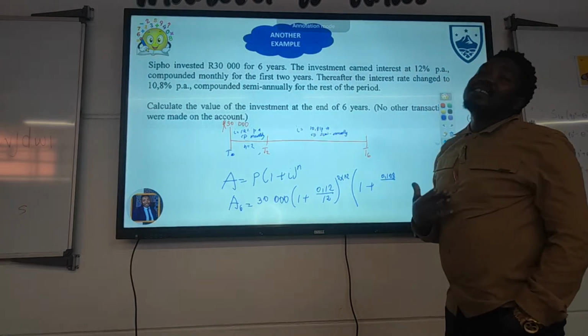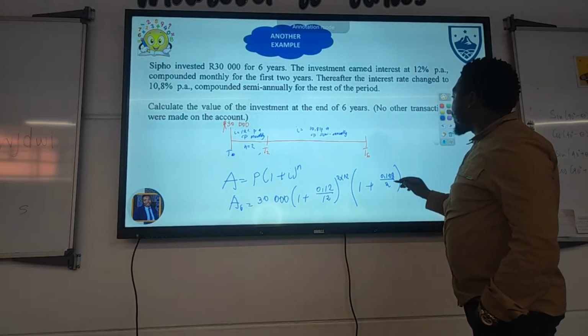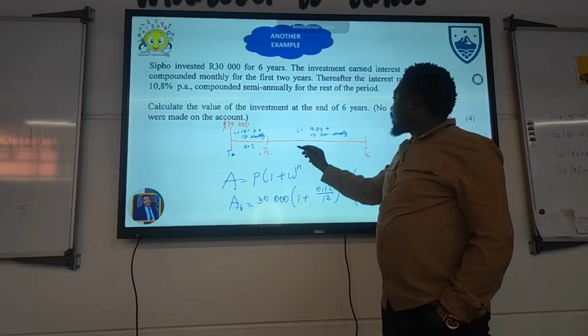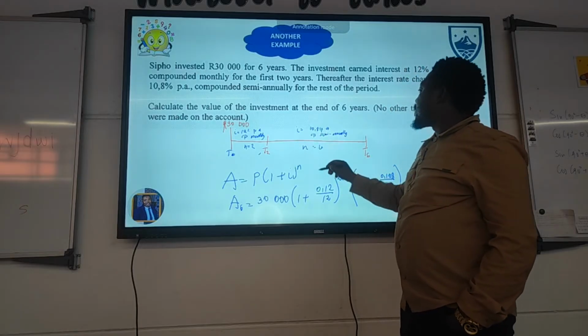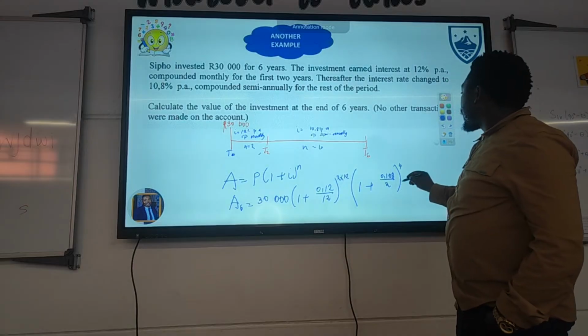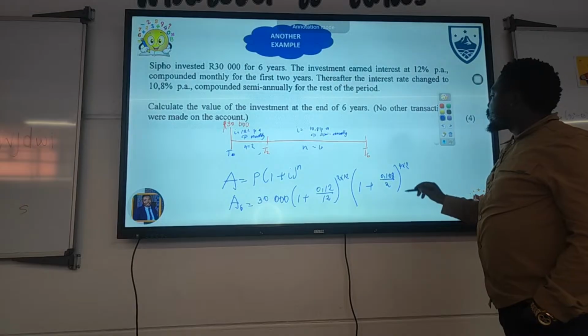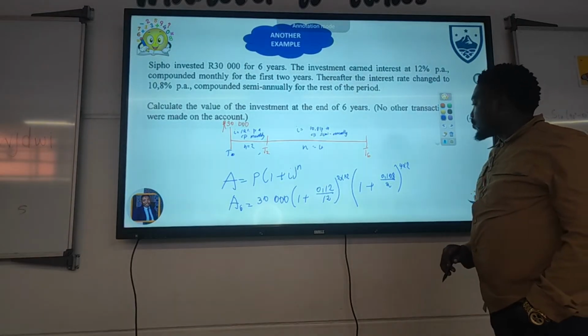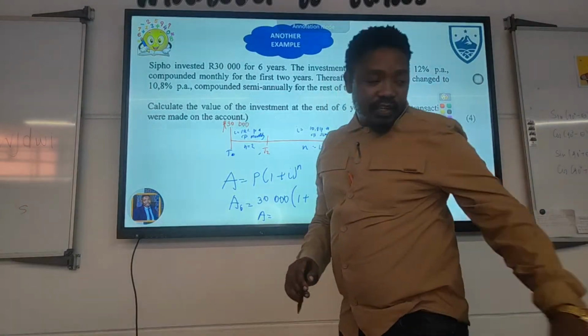How many semi-annuals are there in a year? There's just 2 of them. These are the half years. And then how long will this last? From here it will just give us 4 years. So number of years is 4 years. Remember, we also have to multiply by 2. And then you can press it in the calculator and see how much you get.